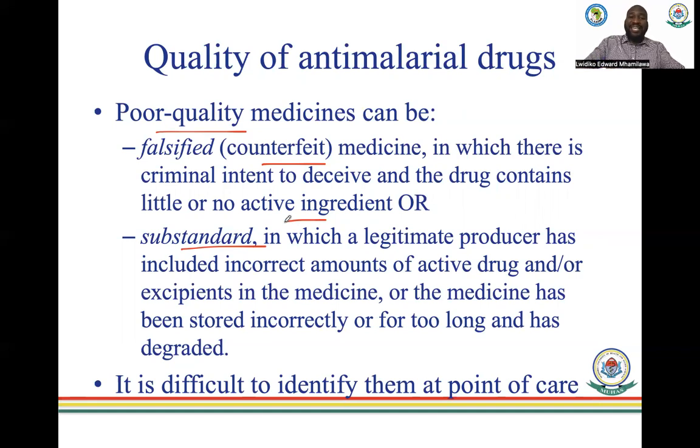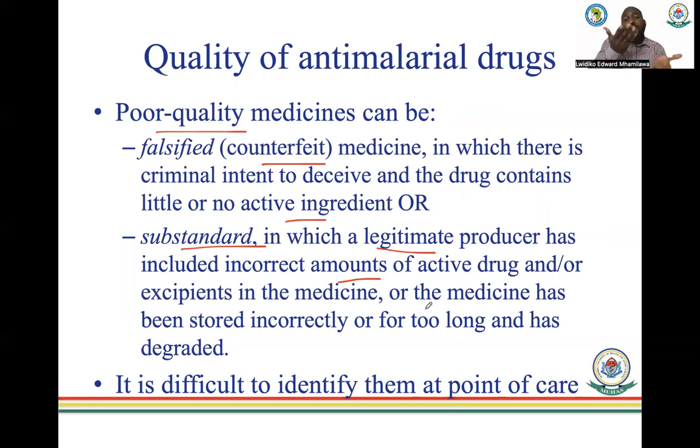But then when we're talking about substandard medication, this is where a legitimate producer produces incorrect amount of active drugs. And the key word here is legitimate. This is legal. This other one is illegal. It could be maybe due to poor infrastructure or something wrong in the batch, or it took long until it has degraded, because, for example, artemisinins themselves are inherently unstable, so it's very difficult to make them stable along the way.